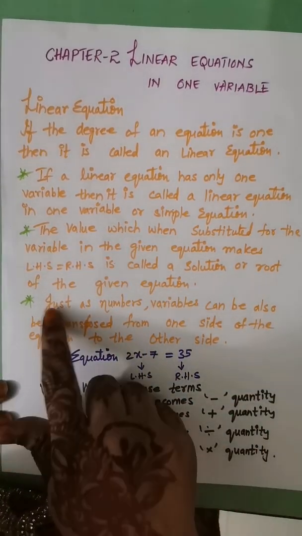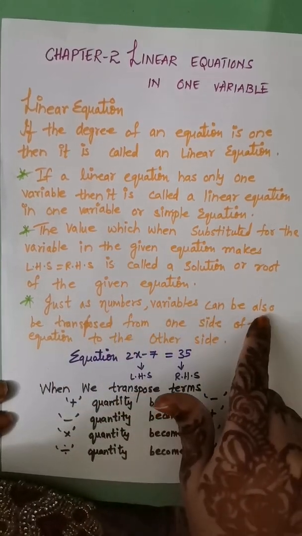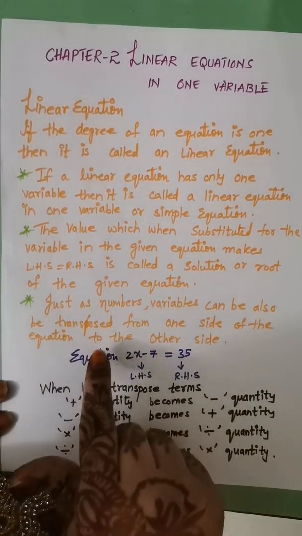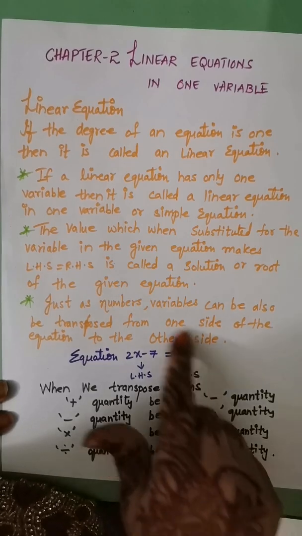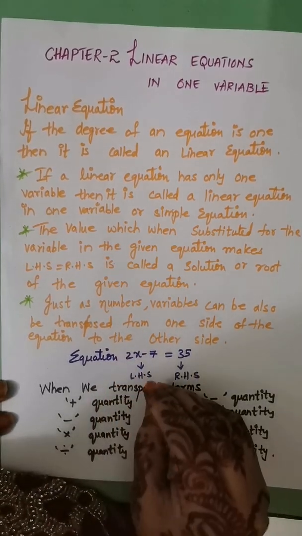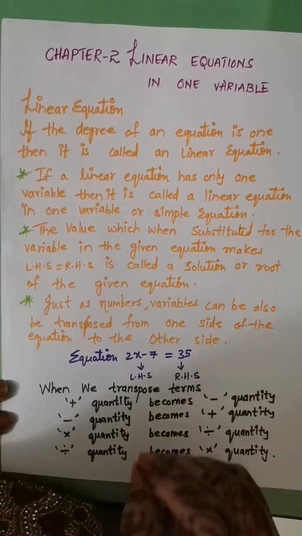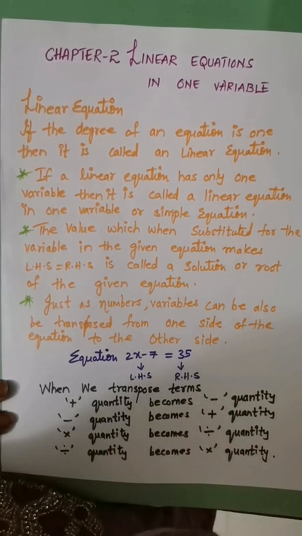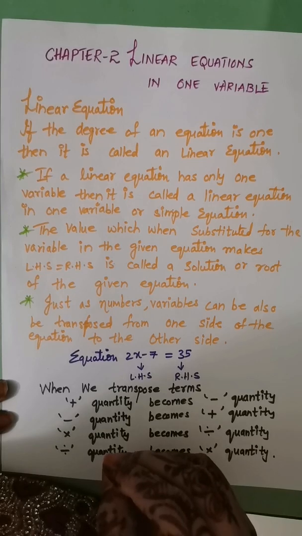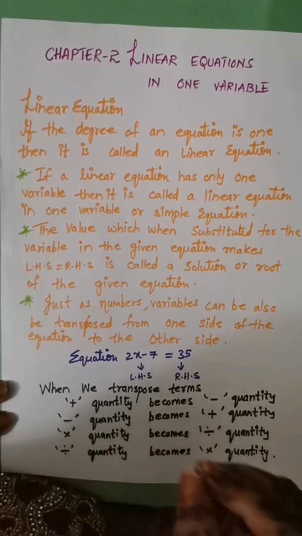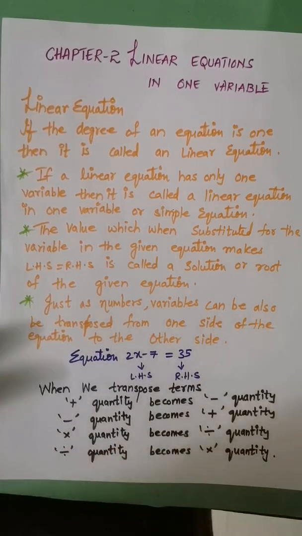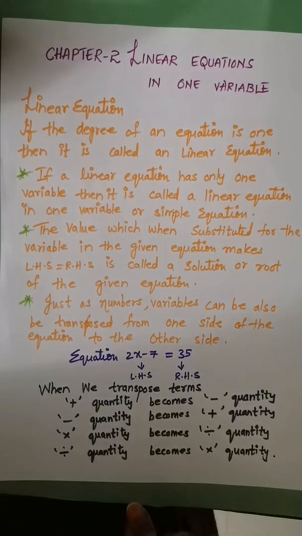Okay, just as numbers, variables can also be transposed. Transpose means shifting of numbers from one side to the other. We solve the equation by transposing, children. Numbers and variables can be transposed from one side to another side of the equation.